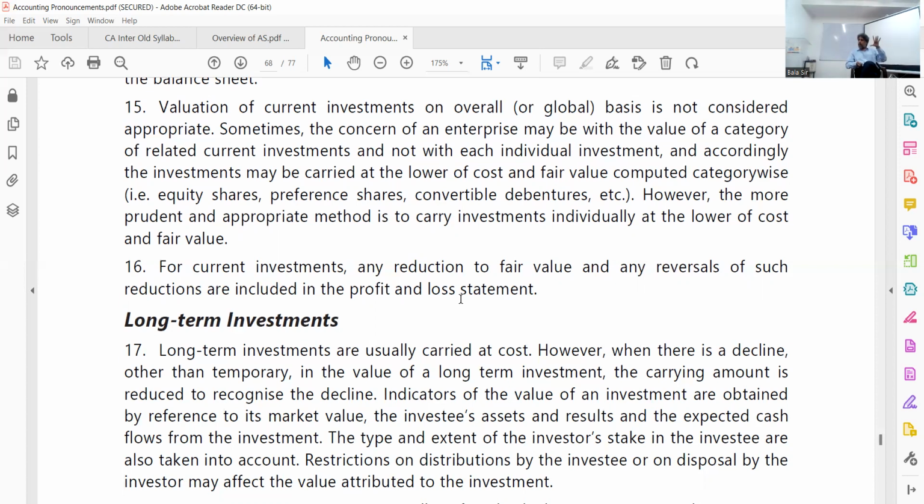Remember, fair value matters for current investments because at some point you go to sell it. Your intention is not to hold the asset for a long time. Within 12 months, you will be selling it. That is when the fair market value of the investment is relevant.